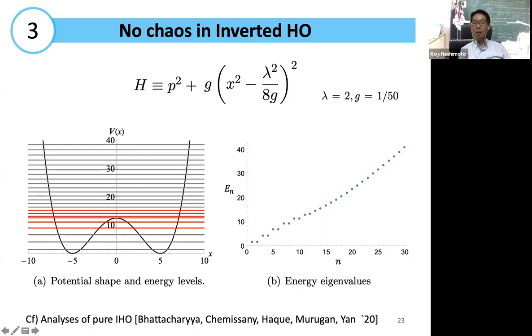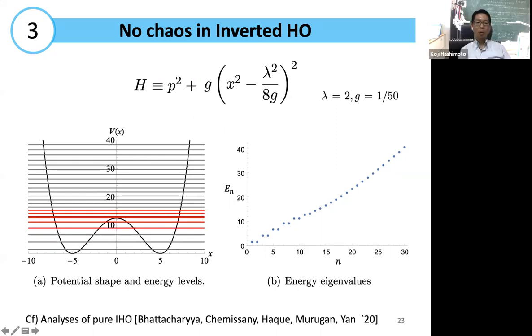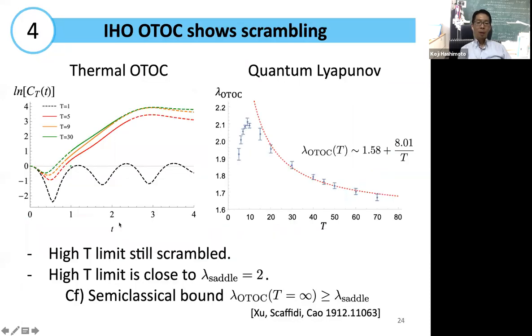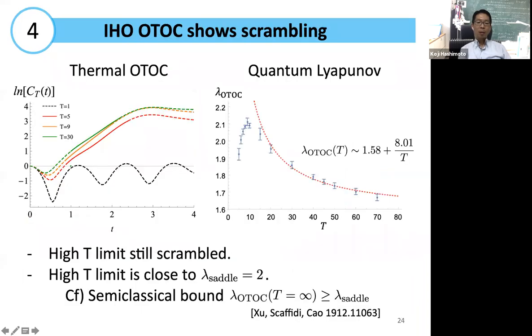At low temperature, you cannot include this top of the hill effect. But if you go to higher temperature, then you always include it. So it means that when you change the height of this potential barrier, the temperature scale of having this exponential growth would be different.